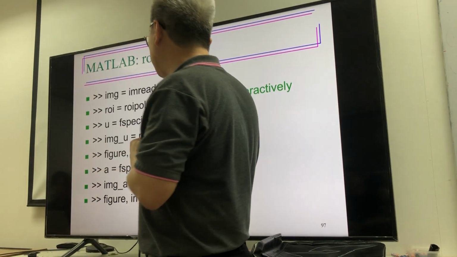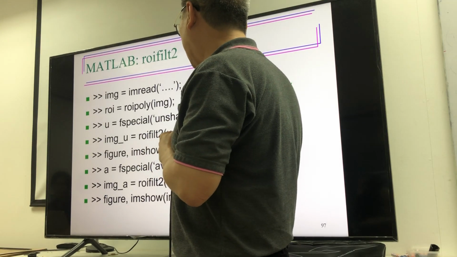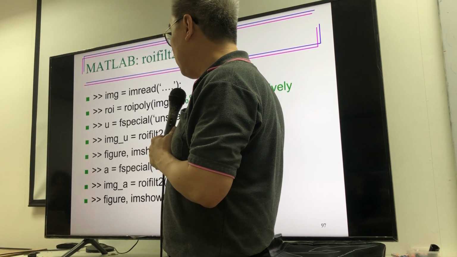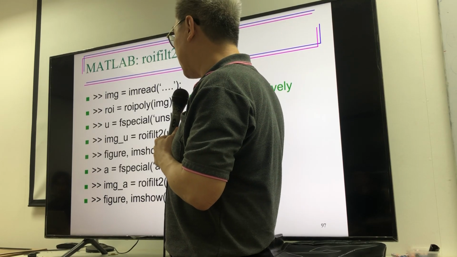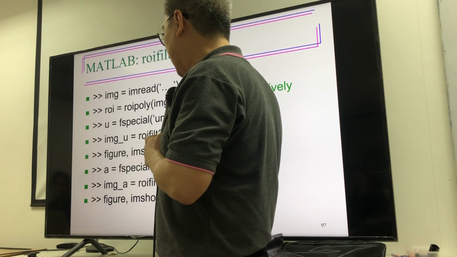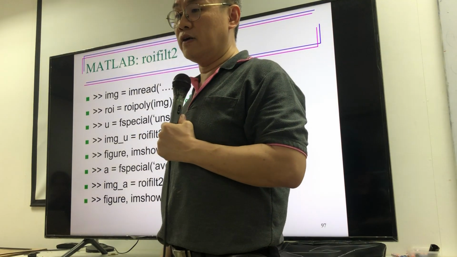I also want you to do the same thing with the average filter, so we can see the difference between unsharp and average, and then show it. Go ahead and do that.